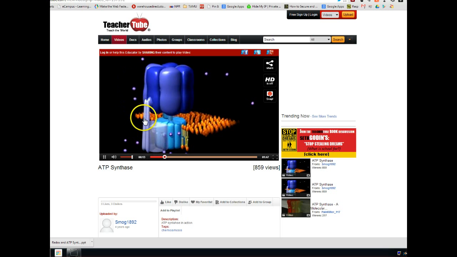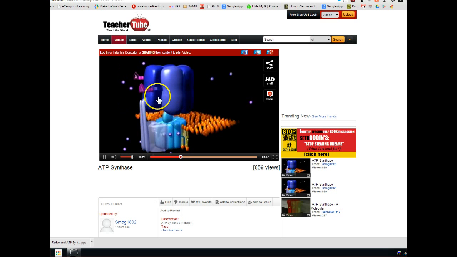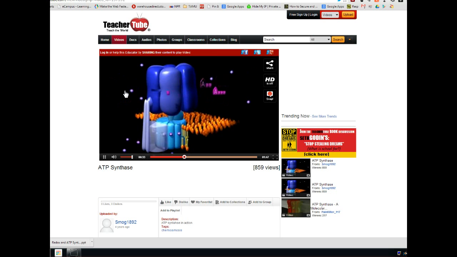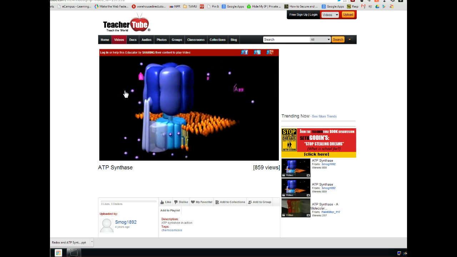As protons flow in, the protons actually cause this thing to spin around, literally. And as it does, the ratchet here, look at this, after 3 protons or X number of protons, it moves, and you have an ATP made. This is a motor. This is the smallest motor that we know.